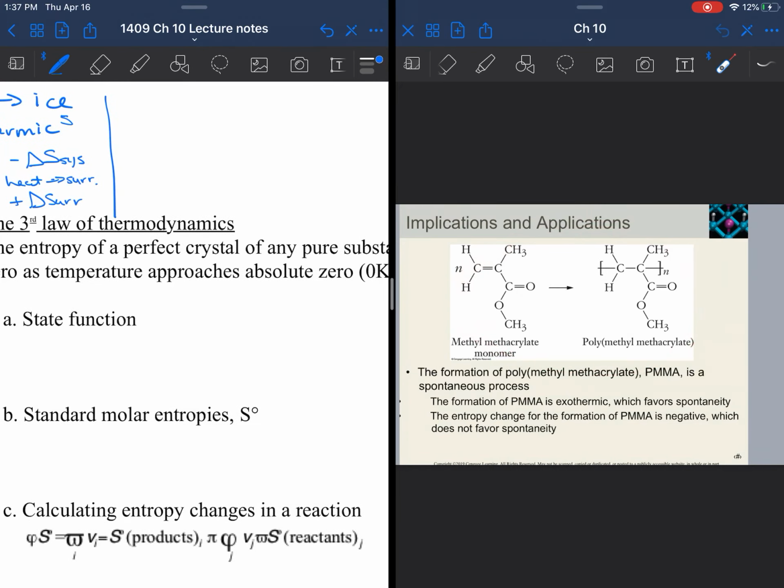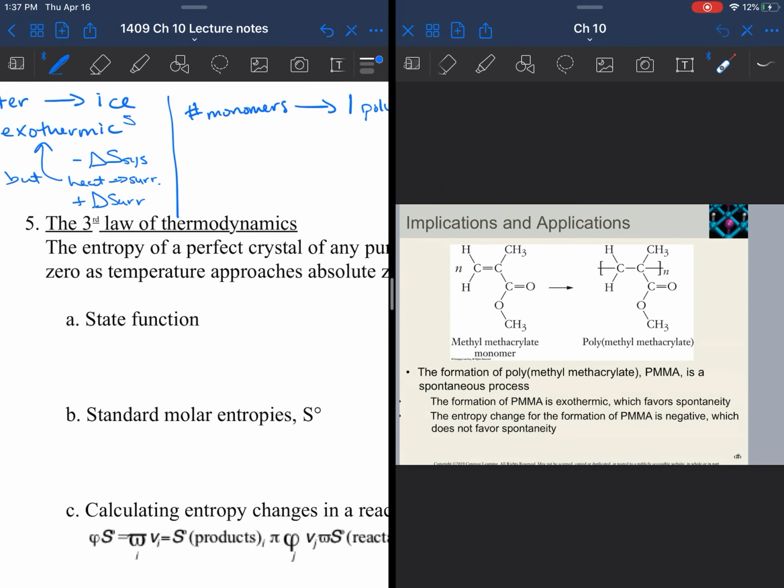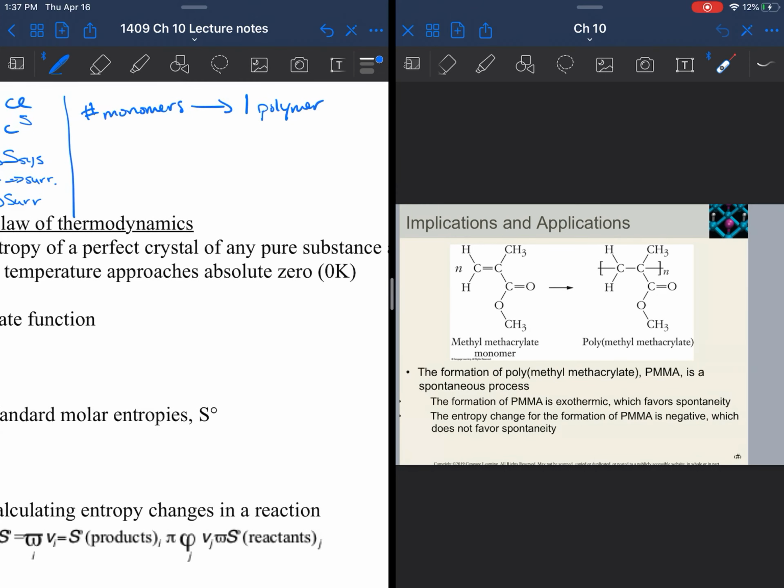If we look at this slide over here, where we are going from some number of monomers to one polymer, this is another example of a spontaneous reaction. Water freezing to ice is a spontaneous reaction at certain temperatures.